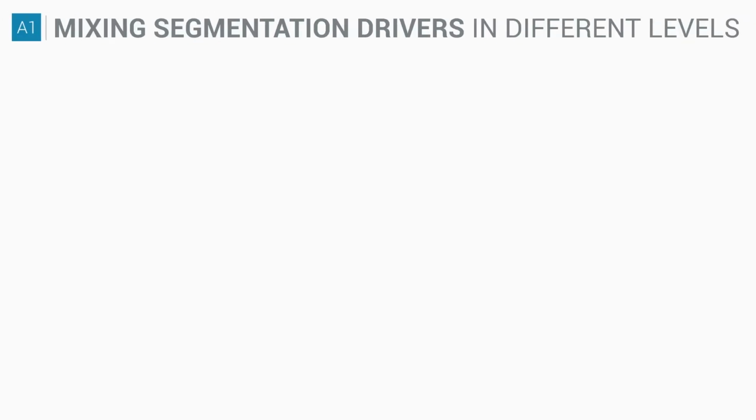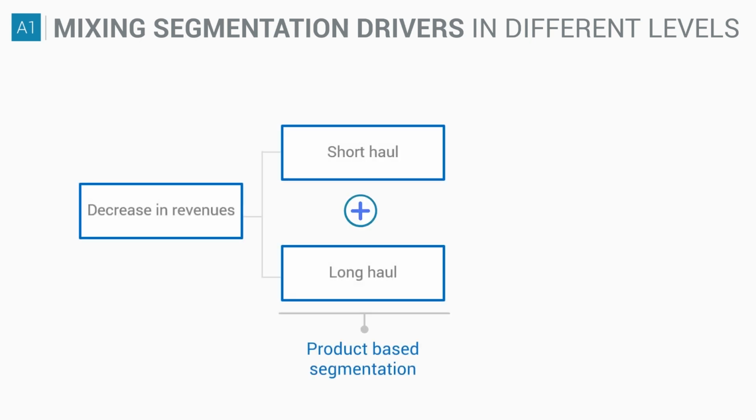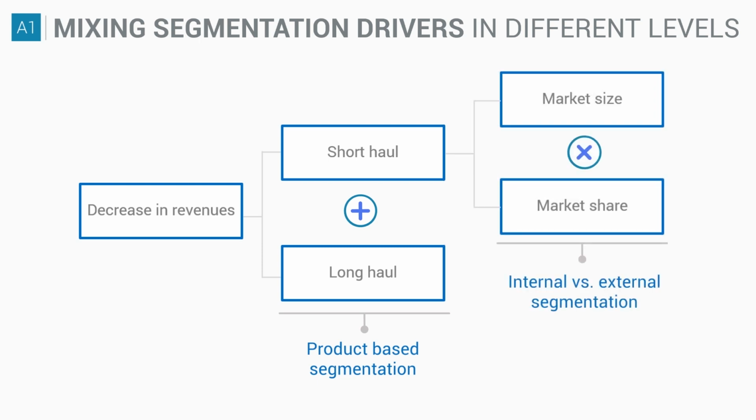Let's look at the British Airways case again. We could break down the decrease in revenues into decrease from short-haul and decrease from long-haul flights. This is the product line-based segmentation. Further, both short and long-haul revenues could be broken down into market size decrease and the market share decrease segmentation. This would be the internal versus external segmentation that we talked about.